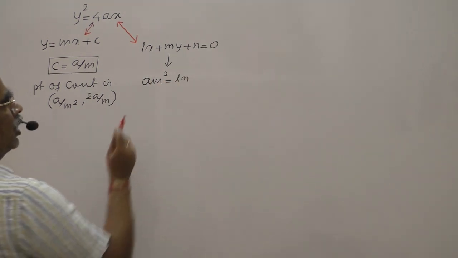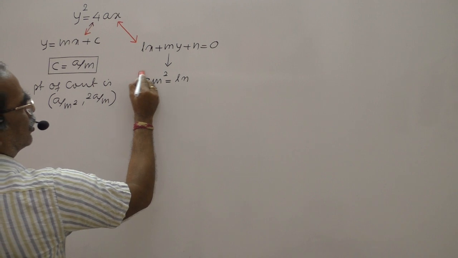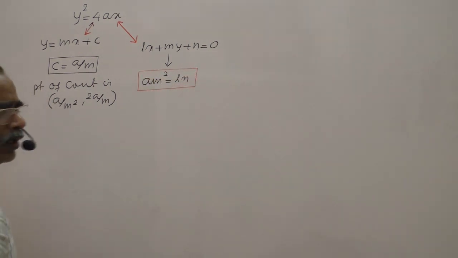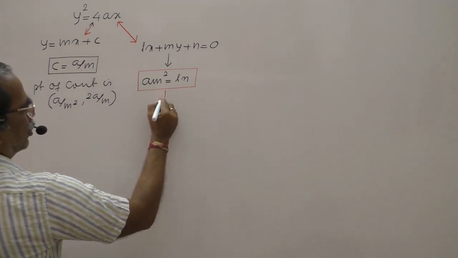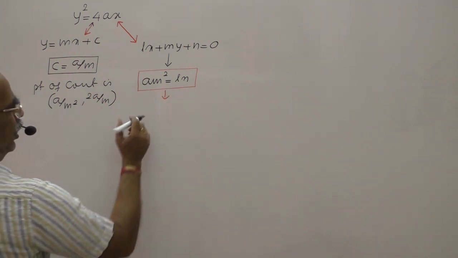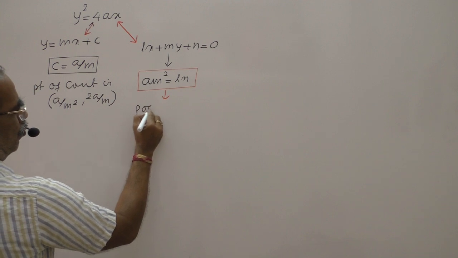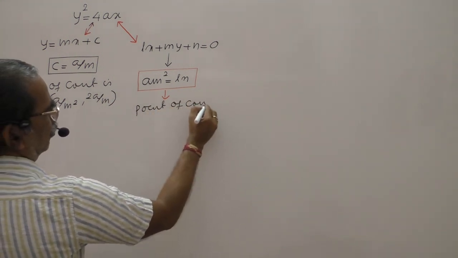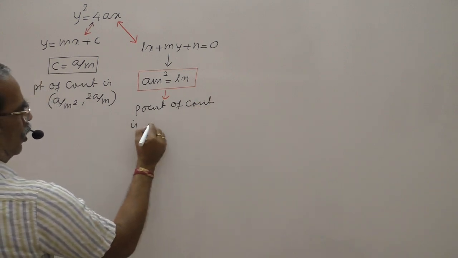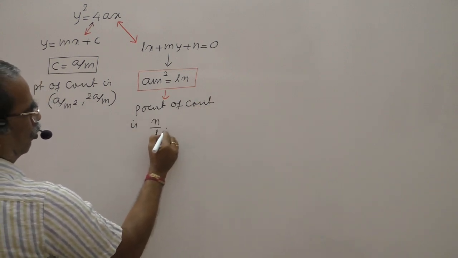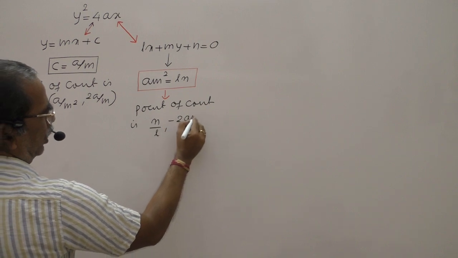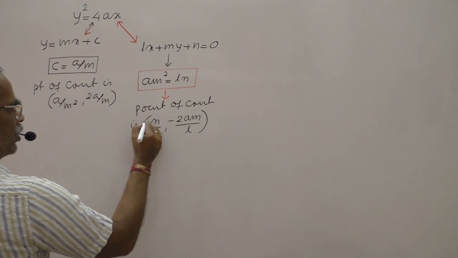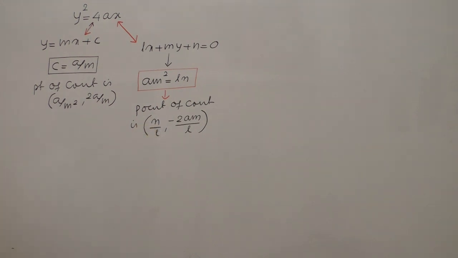This is the condition when the line is given in the general form, and the point of contact is n by l comma minus 2am by l.